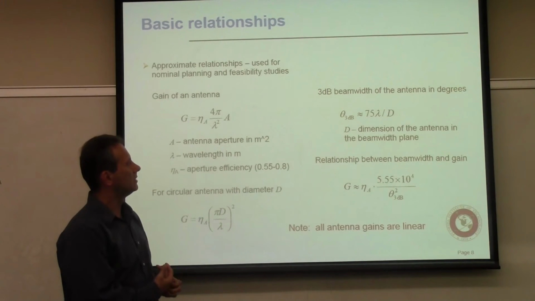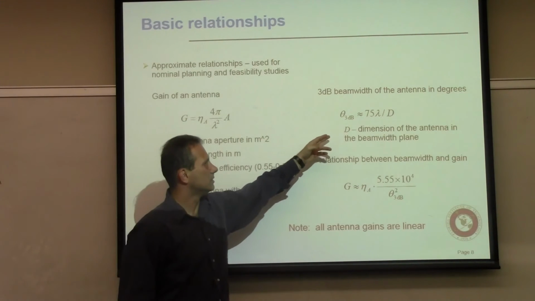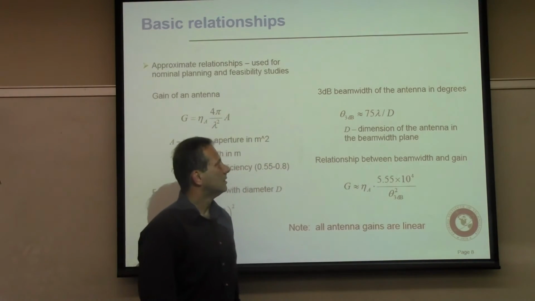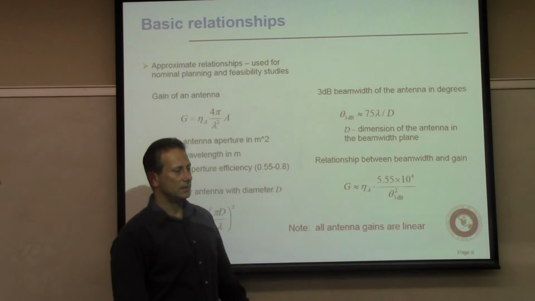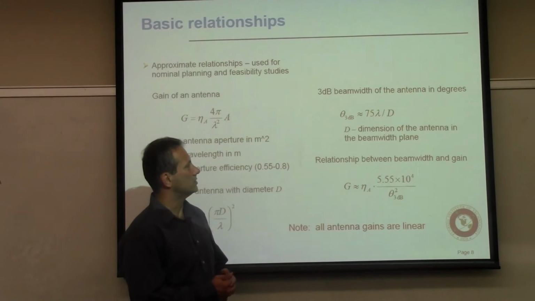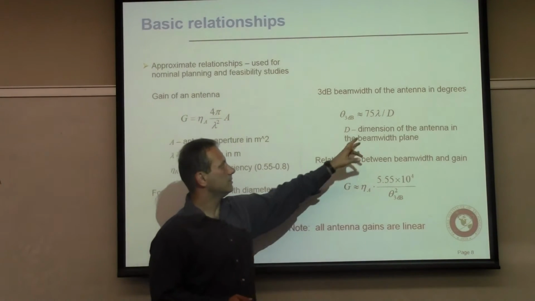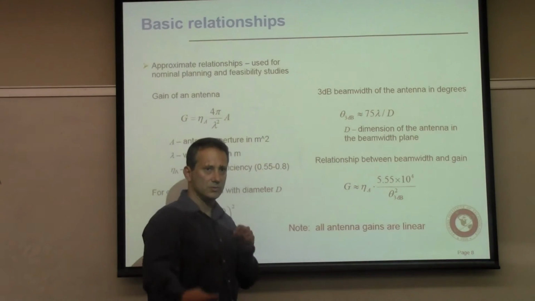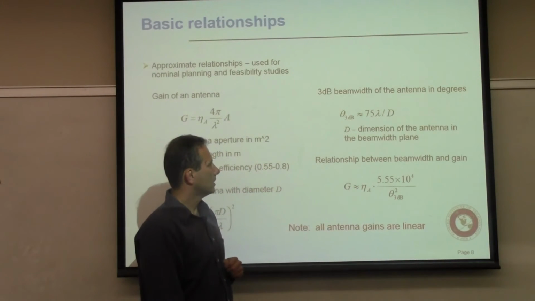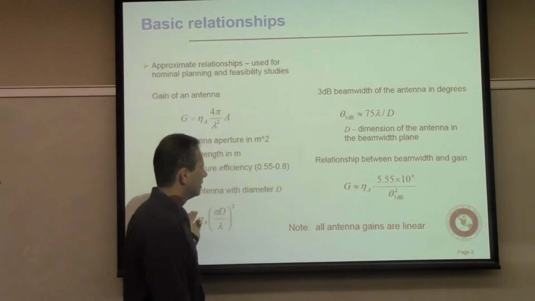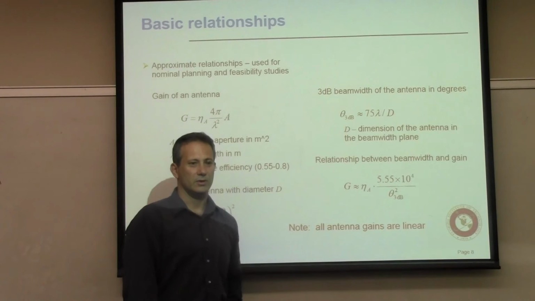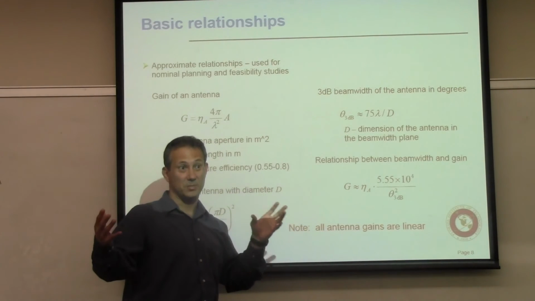And it again tells you the same thing, that it is the relative size of the antenna with respect to lambda that allows you to focus the energy. The smaller lambda is relative to D, the smaller the beam that you're radiating becomes. If you combine these two relationships, you get exactly what we were talking about earlier: the antenna is a passive device.